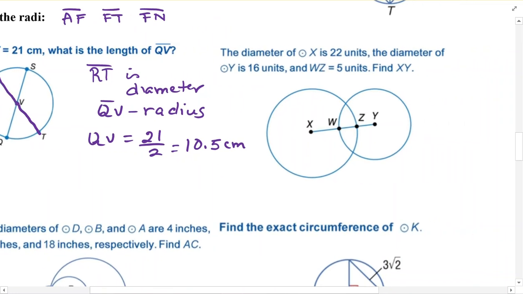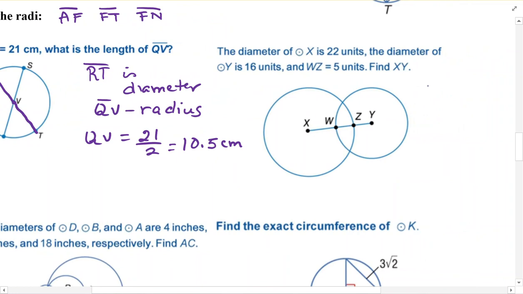In this next problem, we're told that the diameter of circle X is 22, which gives us that the radius is 11. We're told that the diameter of Y is 16, which gives us that the radius is 8.